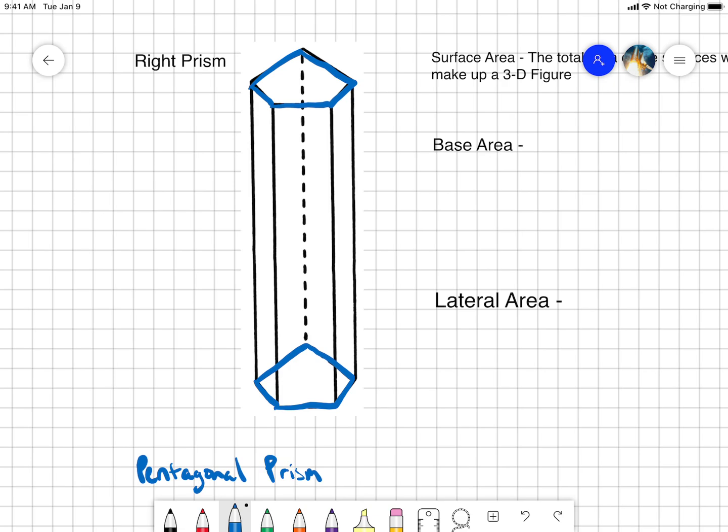For example, if I hold up this Monster can, on the back there are things like the nutrition facts, but you can't see them when you're looking at it. So the dotted line represents, hey, this stuff is here, you just can't see it. And so these two pentagons are our bases.